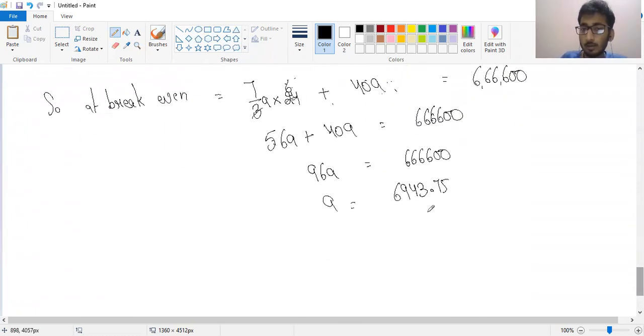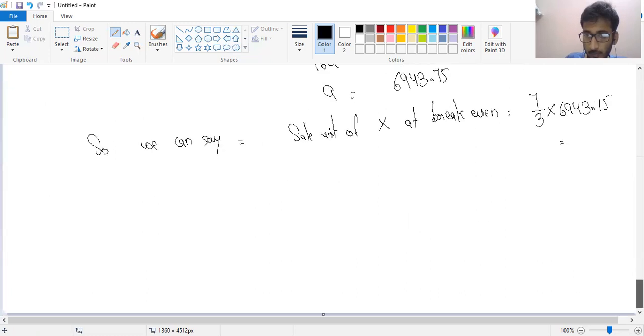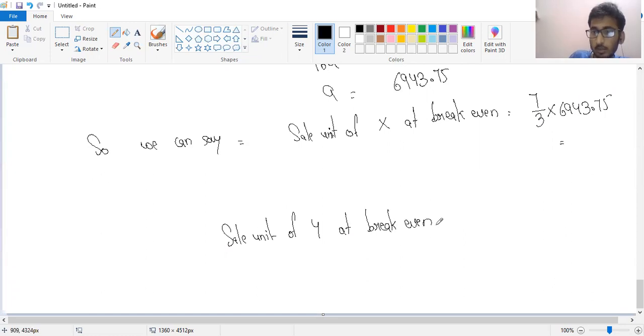Sale unit of Y is A. So we can say sale unit of X at break even would be 7 upon 3 multiplied by 6943.75, and sale unit of Y at break even is 6943.75.